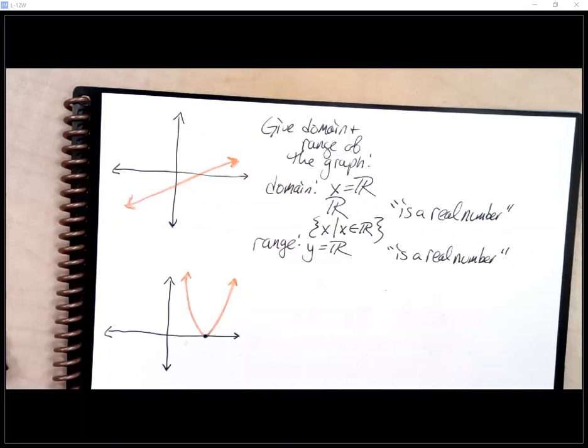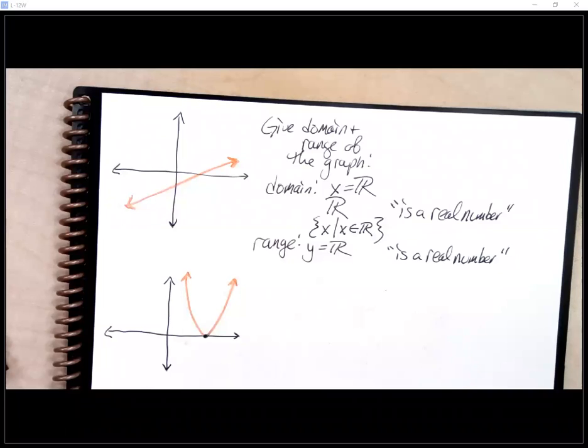So if I zoomed out enough, this parabola would cross the y-axis, wouldn't it? So there is a value, even though I can't see it on my graph, if I had this function written. I could plug in 0 and get an answer back out. I could plug in -10 and get an answer. Again, I'd have to zoom way out, but I could do it, right? There's no number that I can't plug into this.